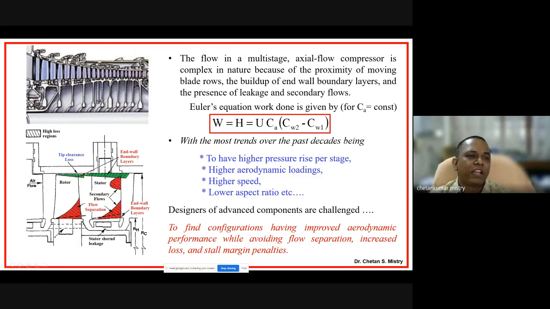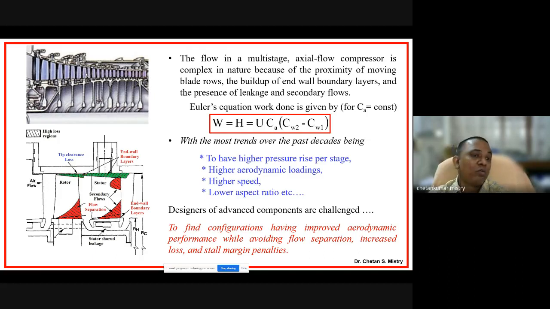That is the reason it is working under an adverse pressure gradient. When you have an adverse pressure gradient, you will have more chances for the flow to separate. This is what I am saying in terms of aerodynamics, and that is why it puts a constraint. But the requirement is such that people are asking for compactness and lightweight, so you need to think of some alternatives.